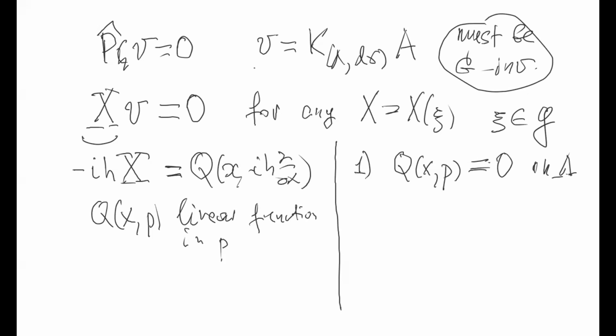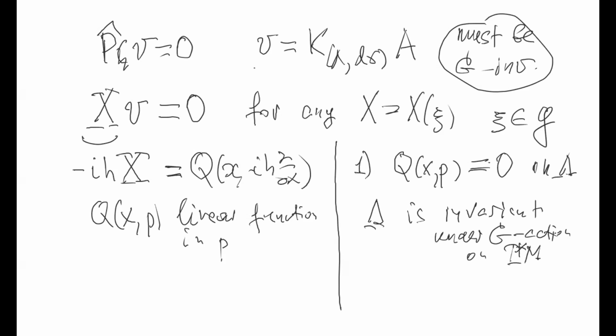Our group acts on the manifold M, and so it also acts by the associated representation on T star M. This condition, in fact, means that our manifold lambda is invariant under the G action on T star M. And this condition means lambda lies in the 0 level of the momentum map.